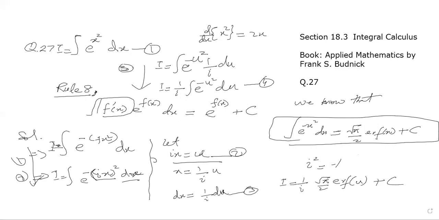We know u is equal to iota x, so I is equal to 1 over iota root pi over 2 times the error function of iota x plus c. So now we have solved this problem.